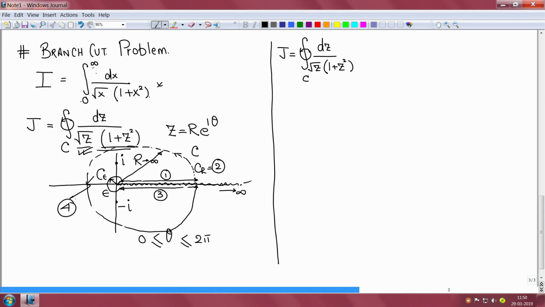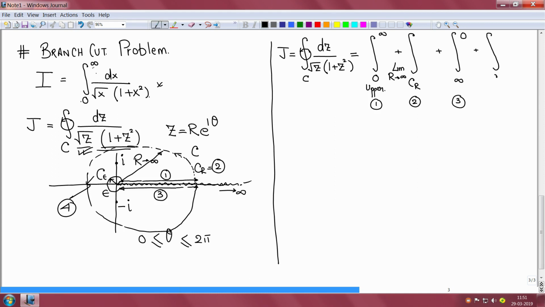So I have 4 portions, 4 legs: the integral from 0 to infinity above the cut, the integral over the circular contour with radius going off to infinity, the portion that comes from infinity to 0, and lastly the integral over C epsilon, with limit epsilon tending to 0.